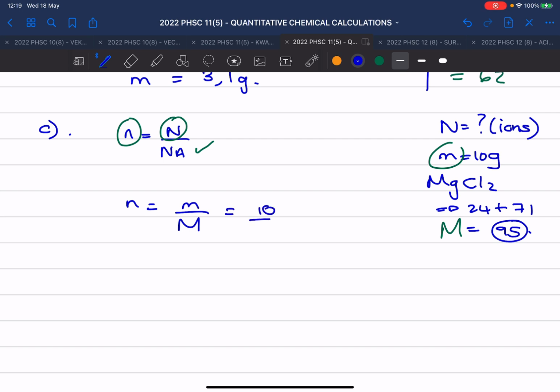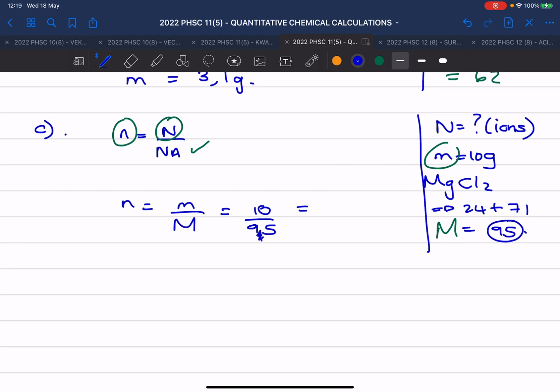So that will be 10 divided by 95. If you calculate that, it is 95, not 9.5. It's not your final answer, so don't round off just yet. 0.10526, and so on. Okay, so that is the mole.